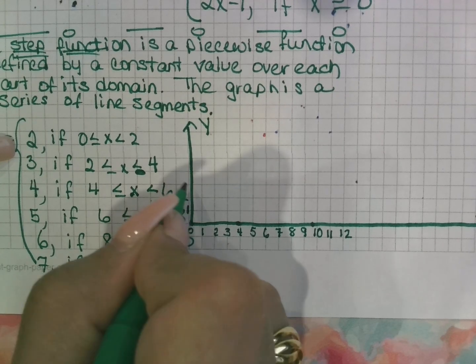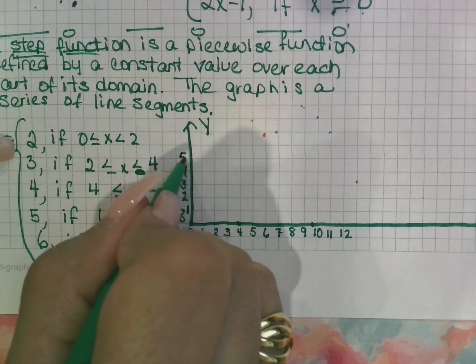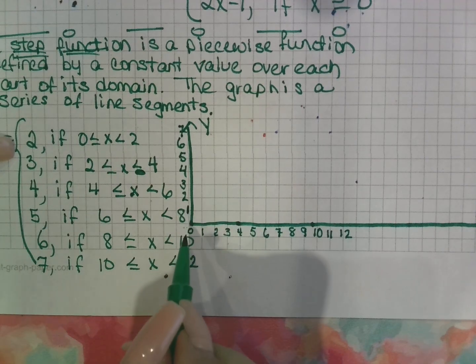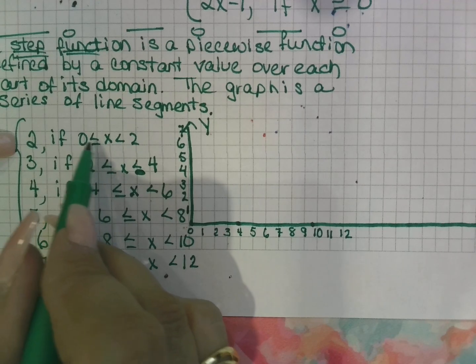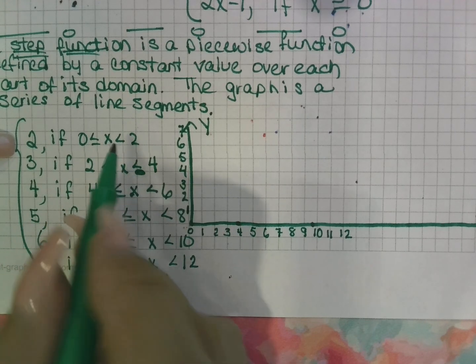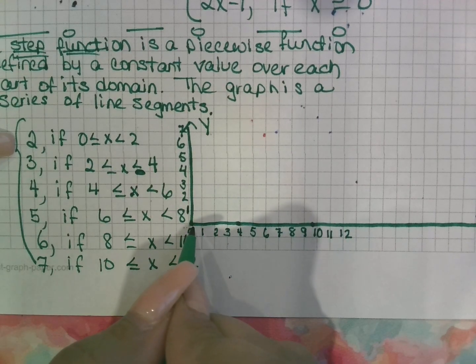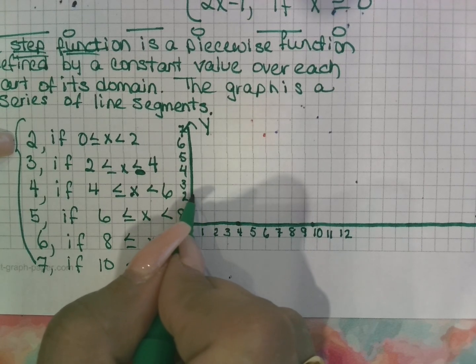This is 2, 3, 4, 5, 6, and 7. All right, so when x is greater than or equal to 0 and less than 2, the value of the function is 2. So from 0 to 2, the value is 2, and it includes 0.